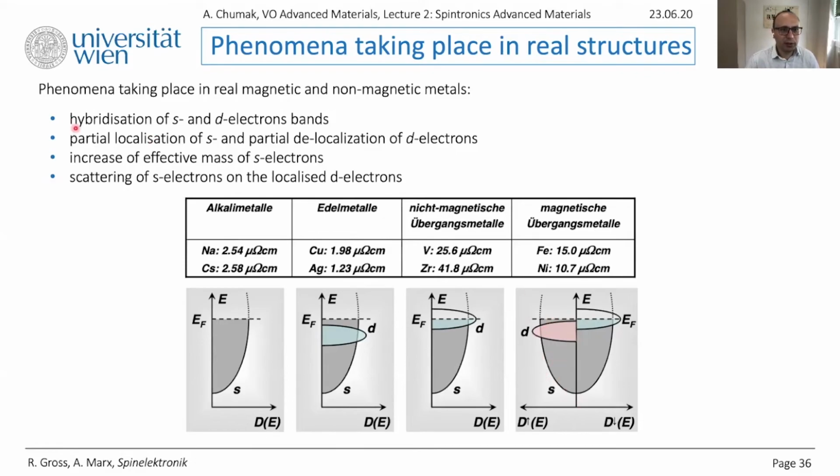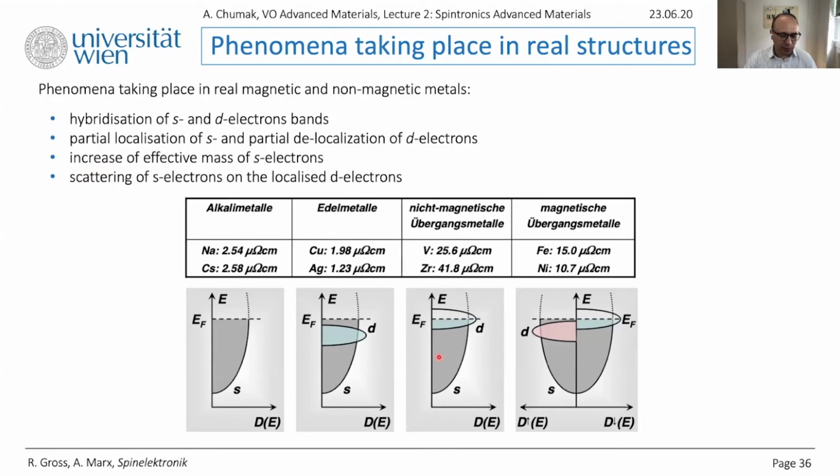But what we should take into account is that, first of all, if you have such a complex structure, you will modify s and d bands. There will be hybridization of sd bands, and it means that this simplest model is not always applicable. Besides, you will get partial localization of s electrons, and they start filling ions, and there will be partial delocalization of d electrons, so they can also participate in the electric current. We should not forget about the effective mass of s electrons.